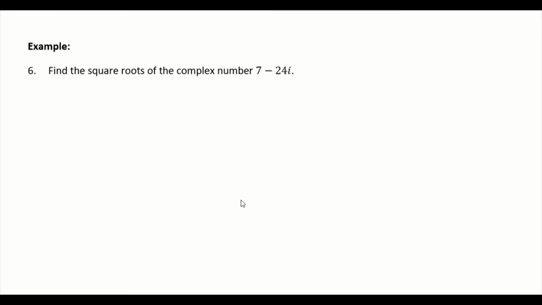Okay, so now let's try to do number 6. Find the square root of the complex number 7 minus 24i. We can let z be the square root, which is also a complex number. So let z be the square root, and z is equal to x plus iy.